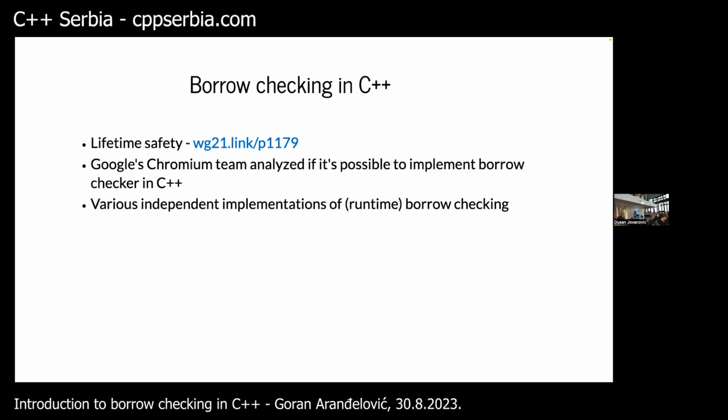Afterwards, some implementations of lifetime checks, mostly use after free checks, were implemented in major compilers. And now I think that Clang, of course, and also GCC have warnings for use after free.